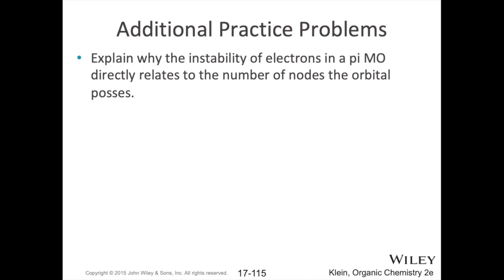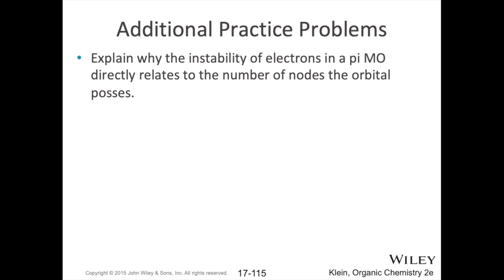Okay. Explain why the instability of electrons in a pi molecular orbital directly relates to the number of nodes the orbital possesses. Again, I think these questions are very declarative. These probably aren't great practice for things you'd see on a quiz or an exam, which are a little bit more application based. But it's good to do these just for knowing the background behind why the answers are what they are.